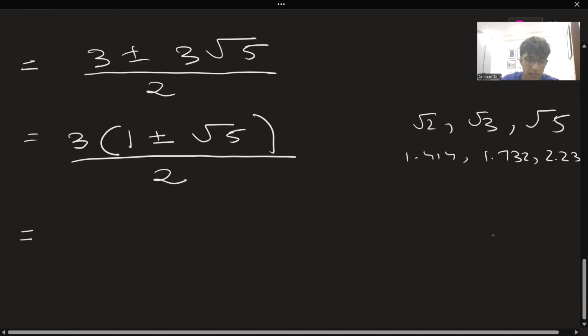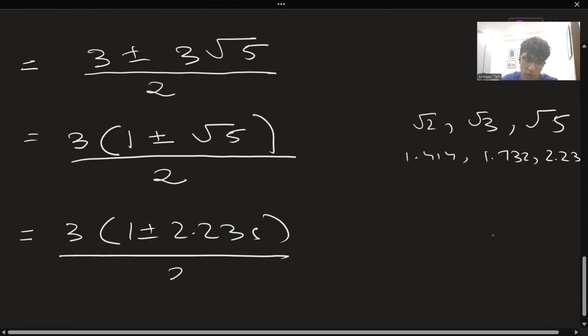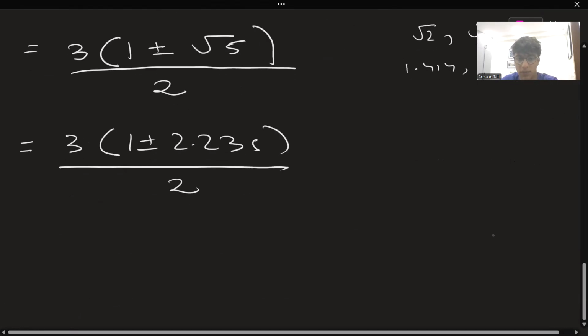So root 5 is 2.236, so it's 3 times 1 plus minus 2.236 divided by 2. So once you will add and once you will subtract. Let me just write it down simpler so it's easier for you to understand.